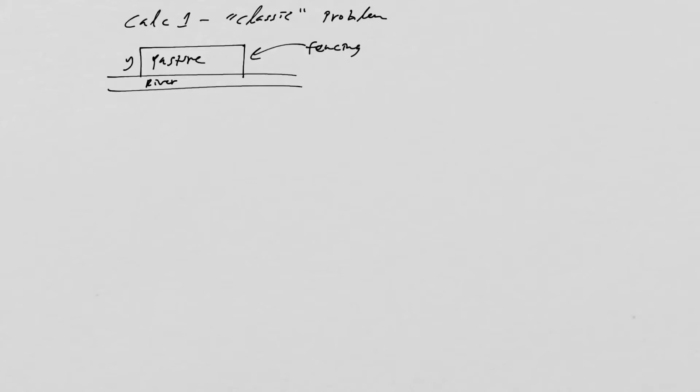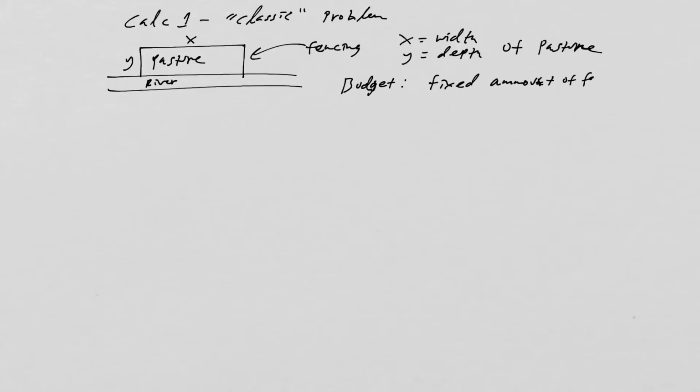You have a y and an x there. So x, of course, is going to be the width, and y is going to be the depth of the pasture. Okay, and it's also subject to a budget. So the budget is, of course, we have some fixed amount of fence. Okay, we have that budget.